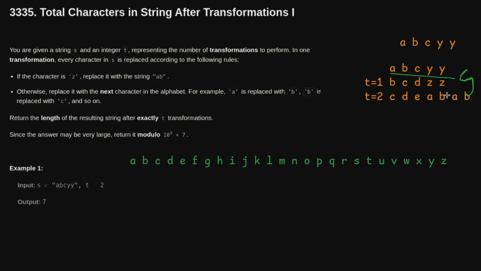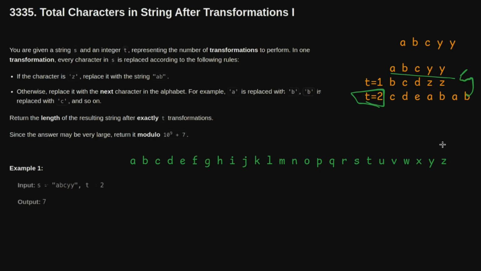So what we will be doing is counting, given this number t equal to 2, how many alphabets will be converting to Z.